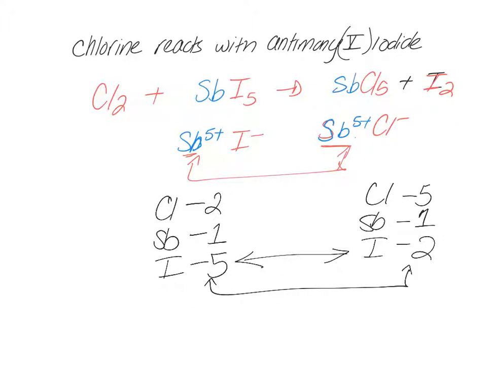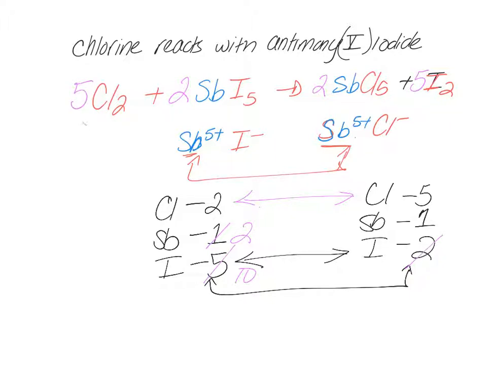So in order to get that, that means that here I have to put a 2 in front of here. That gives me the 10. It also changes this to 2. And to get the 10 over here, I'm going to multiply this one by 5. And I'm going to have to do the same thing with these two. So I'm going to multiply this one by 2 and this one by 5.